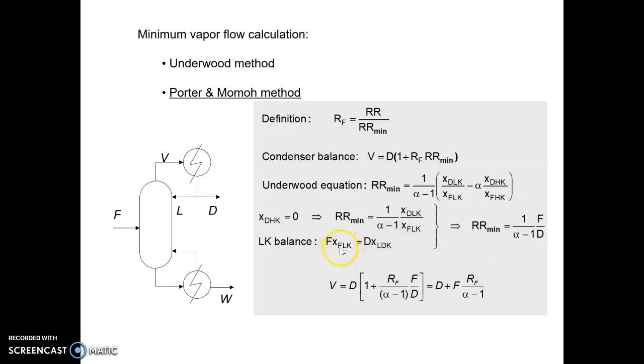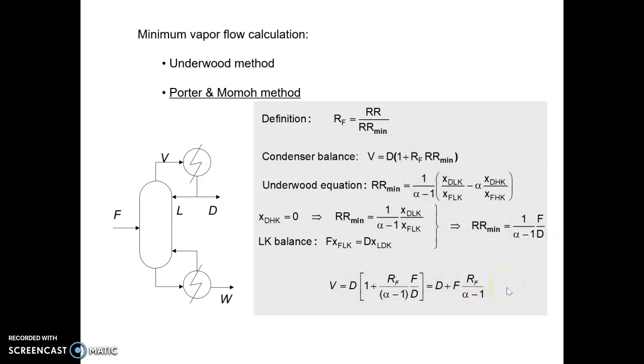So F XF is equal to D XD, which I can replace here and write as F by D. So my R minimum can be written as 1 upon alpha minus 1 into F by D. And when I substitute D here, my equation becomes V equals D plus F RF upon alpha minus 1.